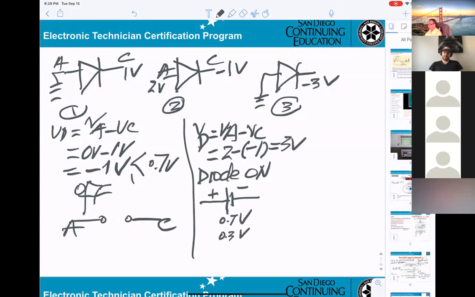The thing is, when you're solving a problem with the diode, you decide on or off. Off means open. On, you're not using the diode symbol anymore. You must substitute it with the battery, and the battery of the diode is 0.7 volt.